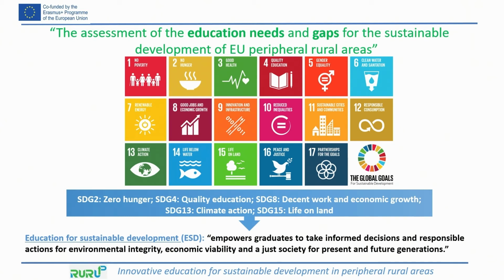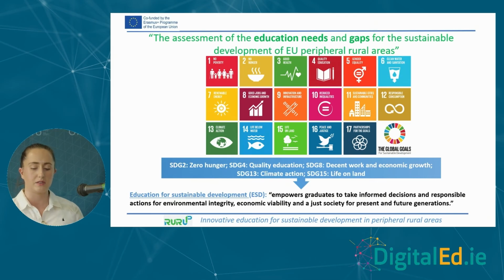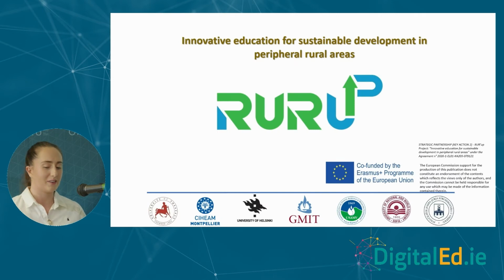And so education for sustainable development is seen as a crucial factor in achieving all 17 of these sustainable development goals. So you'd hope that the educational resources developed by Europe will empower its graduates to make more informed decisions and take more responsible actions for environmental integrity and economic viability upon their graduation. So that's just background to the course.